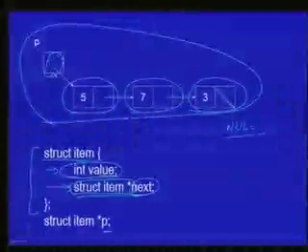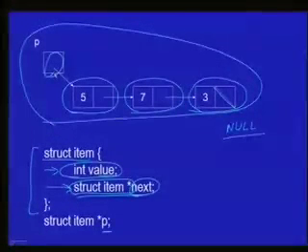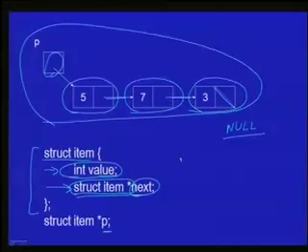Okay, so if we have this kind of a list, then we need to store only in a variable the starting address of the list, or the pointer to the first element of the list, because the other elements can be tracked using this chain of pointers. So P is a pointer to the first element.